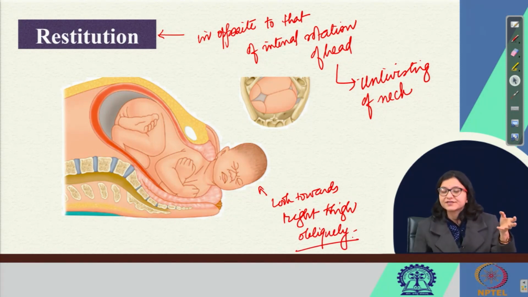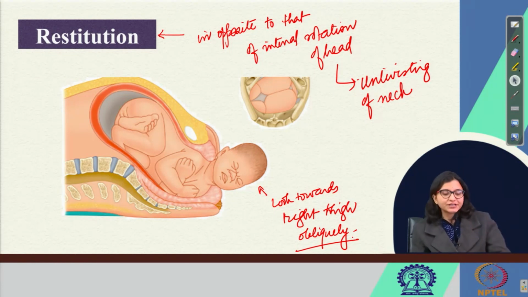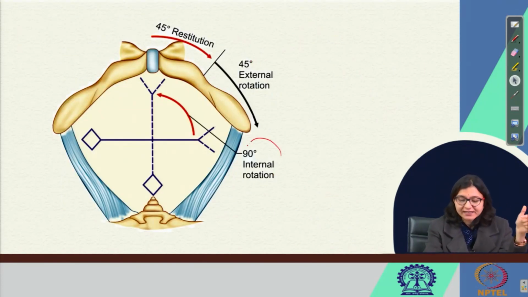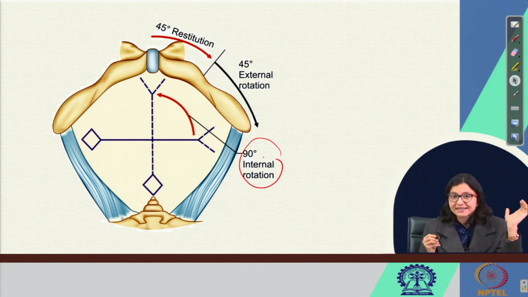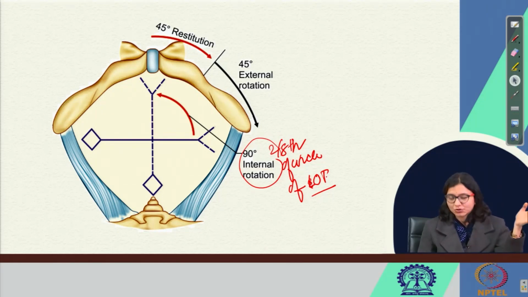So, this is restitution. This is a passive movement, just untwisting of the neck, thereby relieving the torsion in the neck, right. So, this is what I was explaining, internal rotation. If it is 90 degrees, that is by 2/8 of a circle, in case of LOT or occipito-transverse position, LOT or ROT.